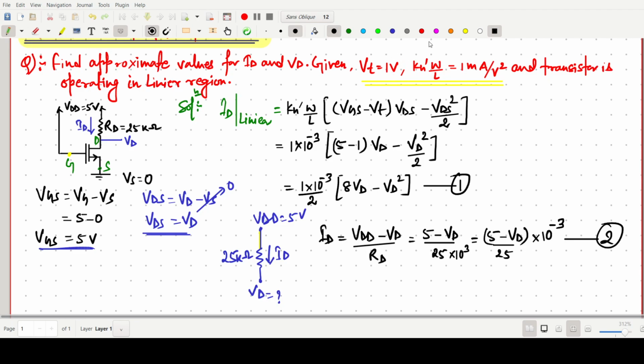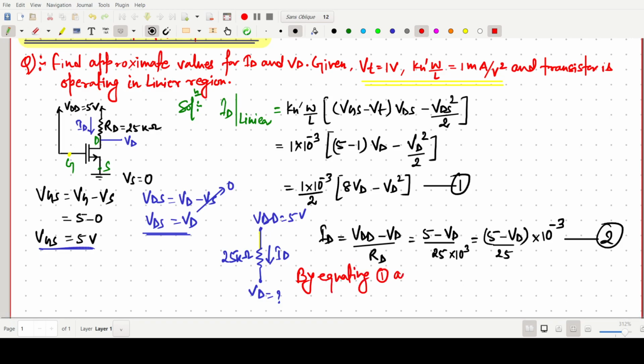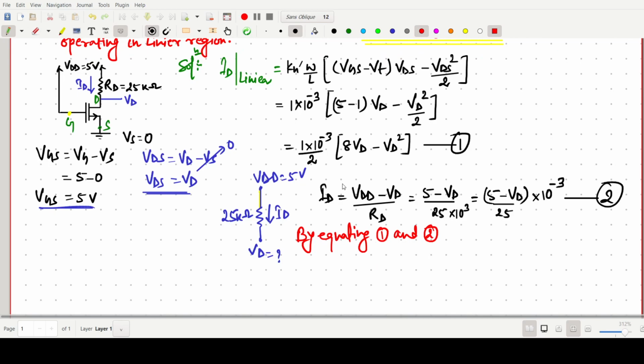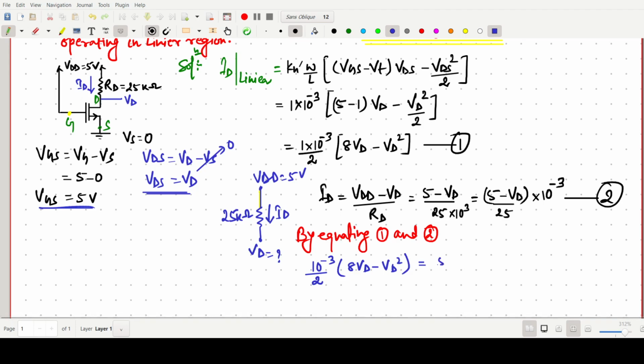By equating 1 and 2, equation 1, that is 10 to the power minus 3 by 2 times (8 VD minus VD squared), equals 5 minus VD by 25 into 10 to the power minus 3.